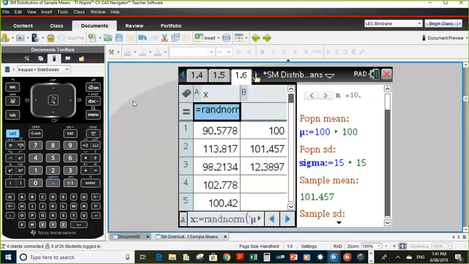So the next page is quite busy. It's a split page. The left-hand side is the list and spreadsheet application, and the right-hand side is a notes application.